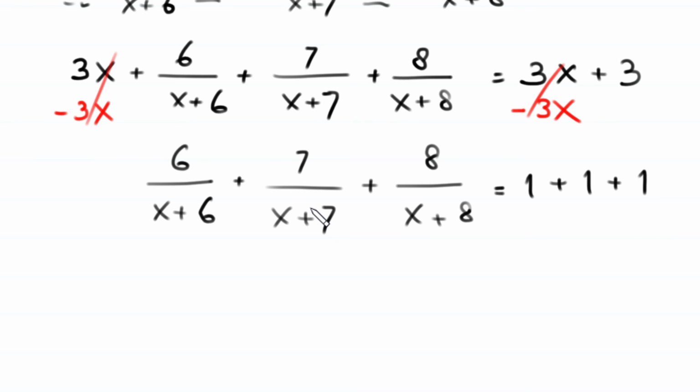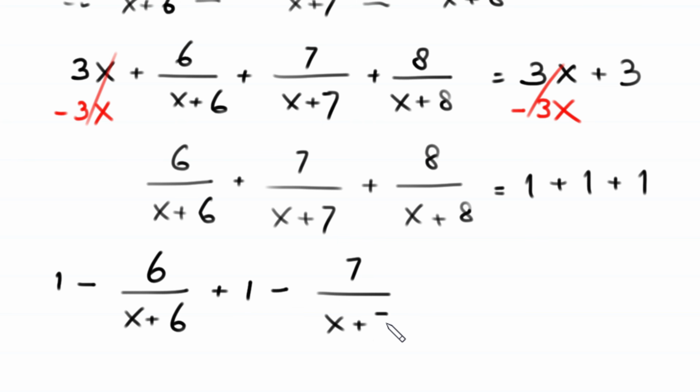Move these 3 terms to the right hand side, then this will become 1 minus 6 over x plus 6, plus 1 minus 7 over x plus 7, plus 1 minus 8 over x plus 8, equal to 0.